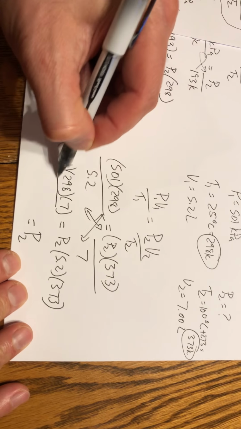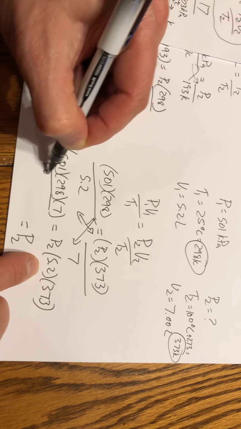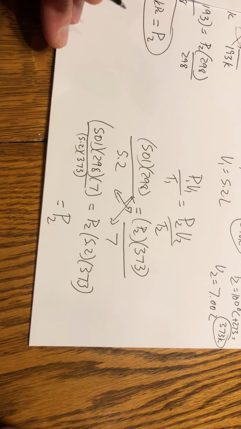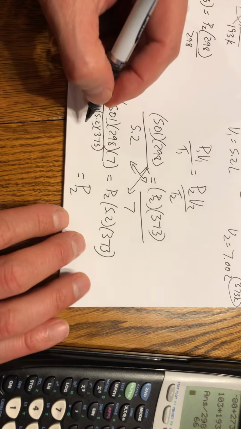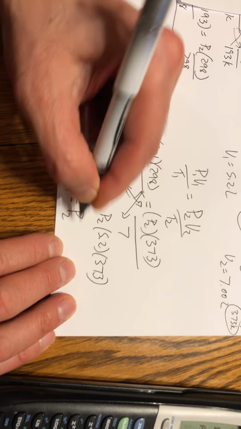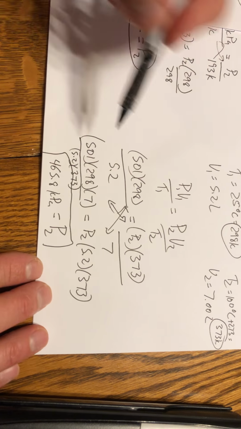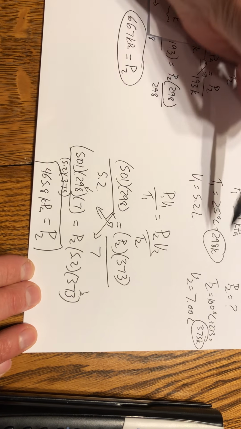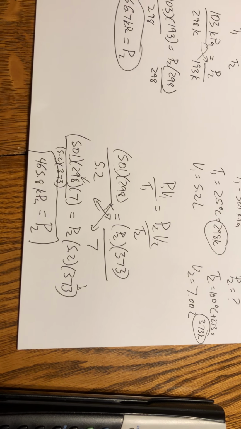But basically, to solve for this, we're going to divide by 5.2 and divide by 373. If you divide both sides by that, then when you solve, you should get 465.8 kPa. Okay, notice you have to use Kelvin. If you use the Celsius temperatures, you'll get the wrong answer.